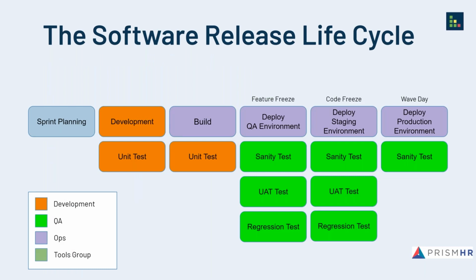So when you apply those teams to those buckets, that same life cycle that we talked about, you can see that unit testing still falls under development. The purple usually, again, is ops.